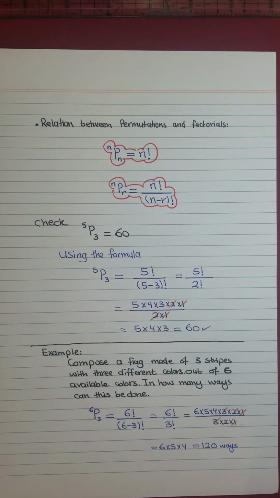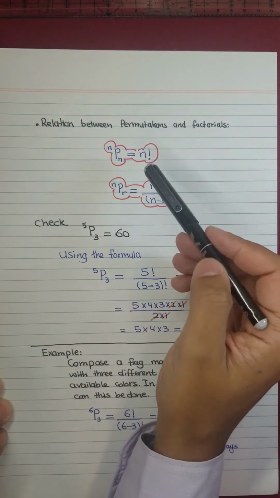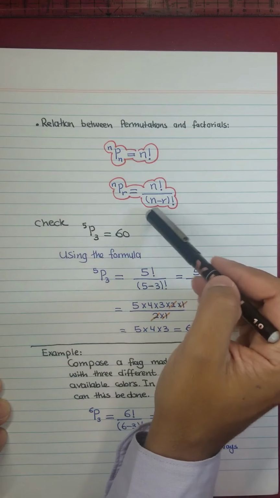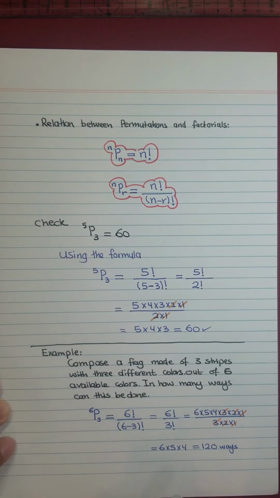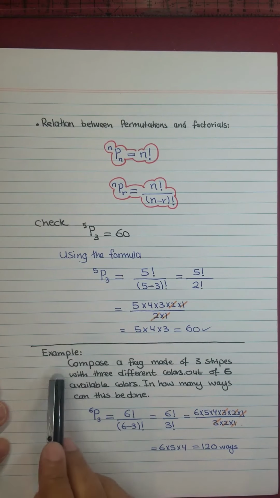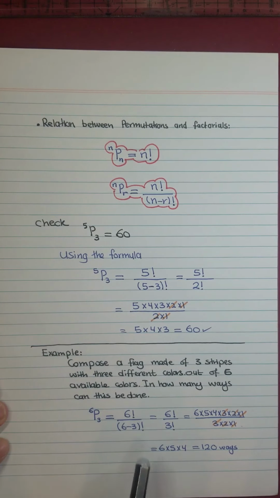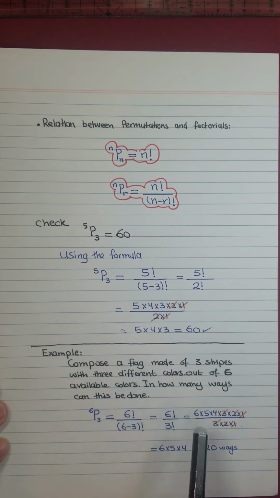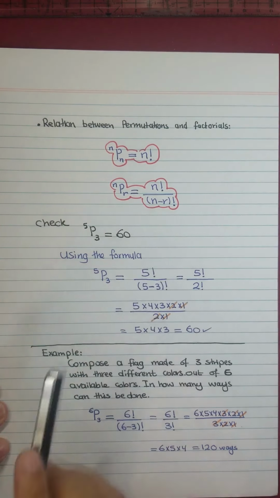We saw the relationship between permutations and factorials, and we ended with an example of solving a question using permutation. We evaluated this permutation using this formula right here.